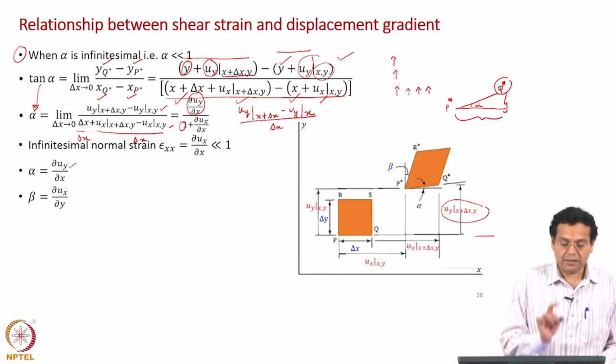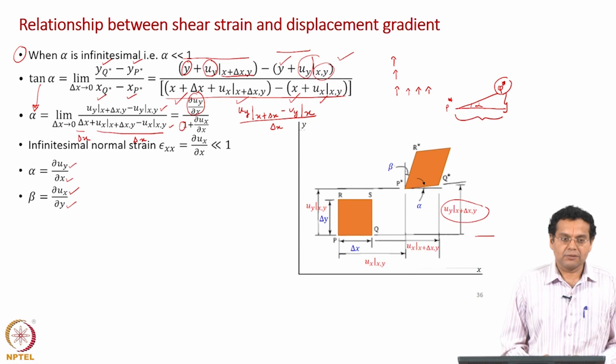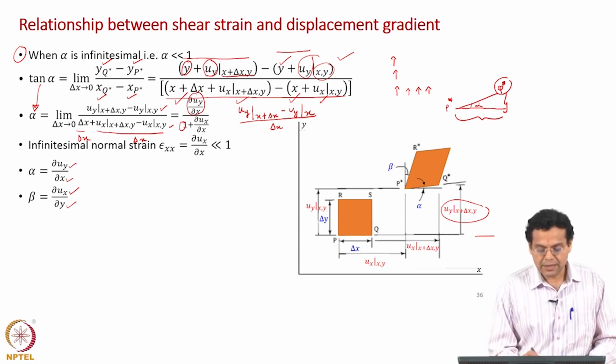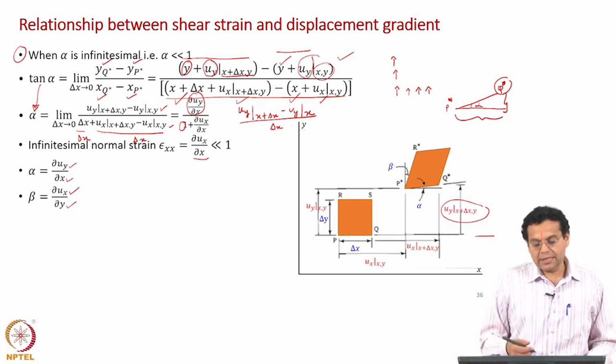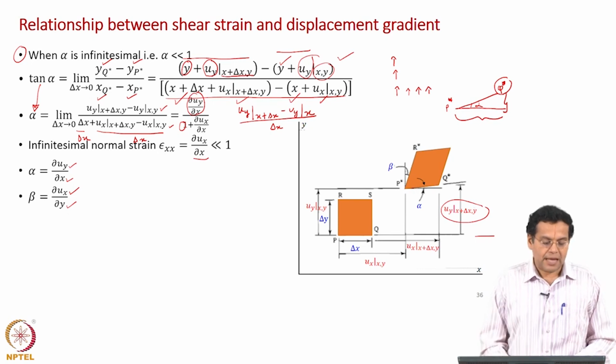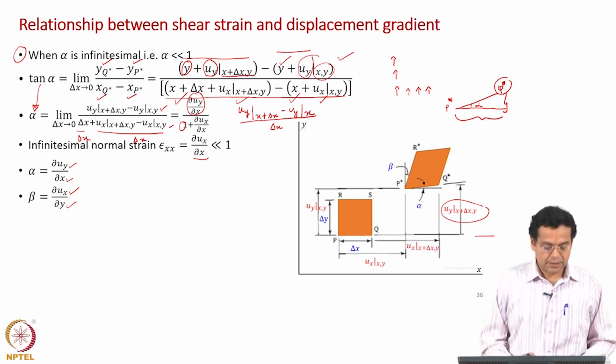For alpha, the displacement is along the y direction and the derivative is with respect to x. Here for beta, the displacement is along the x direction, and the variation is along the y direction. They are the other way around, unlike the normal strain. In normal strain you are seeing the change of x displacement in the x direction, but for alpha and beta you are looking at y displacement along the x direction, and x displacement along the y direction.